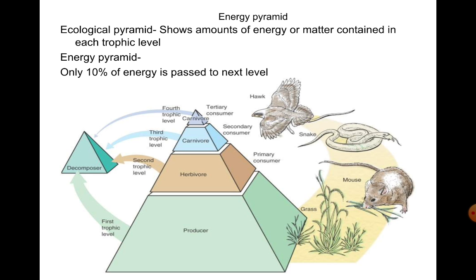On the bottom, of course, we have the producers. That is where most of the energy is. Okay? Then when we move to the top, you will see we go to the herbivore, the carnivore, and the top carnivores, like the hog. They actually contain the least amount of energy.